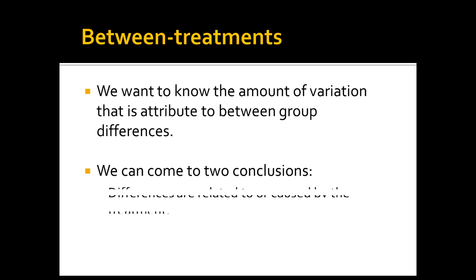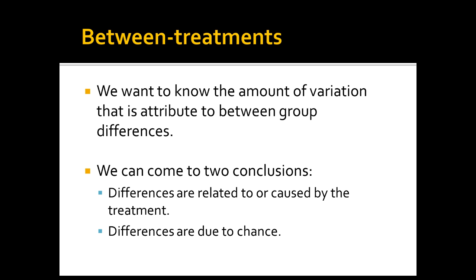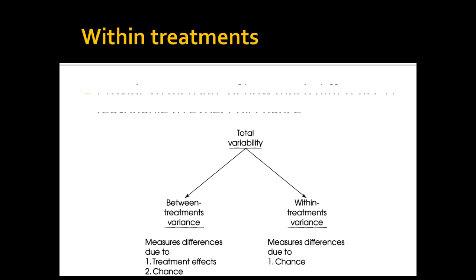So we can come to two conclusions: that the differences are related to or caused by the treatment. When I say related, that means it's a correlational study, or caused by, that would trigger you to think about an experimental design. Or the differences are due to chance. And we hope that the differences are not due to chance, as a researcher. But that would be our null hypothesis, that it's all due to chance.